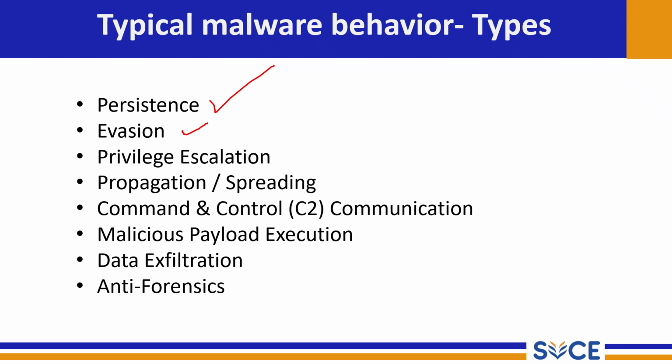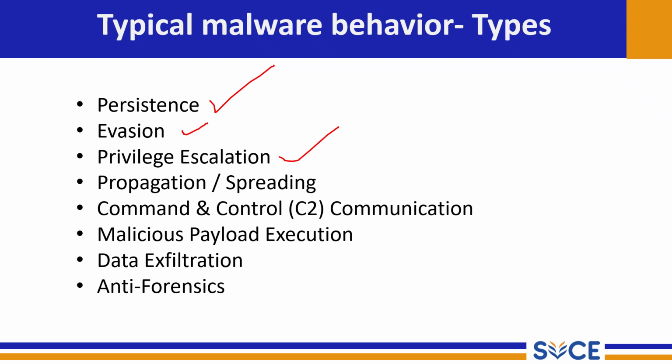Okay. And next one is privilege escalation. This gains higher access rights by exploiting OS or application vulnerabilities, using token impersonation or stealing admin credentials, and dropping a rootkit for kernel-level control.